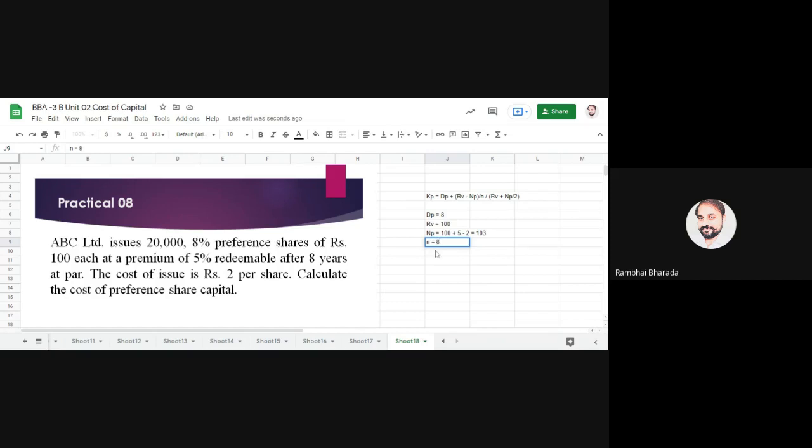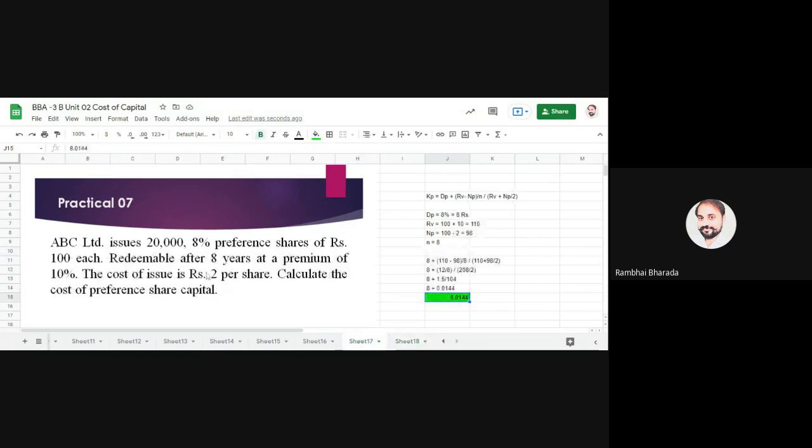8 years. Okay, I again repeat this one because sometimes it creates confusion in your mind. See, if this type of practical question is there, redeemable after 8 years at a premium of 10%, okay, redeemable after number of years at a premium of 10%, so this will be added in RV.